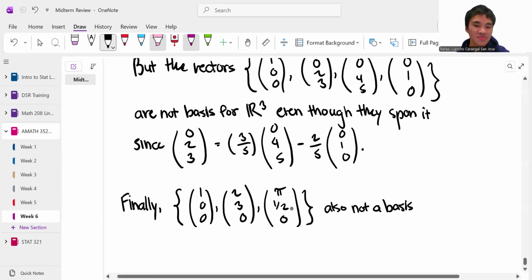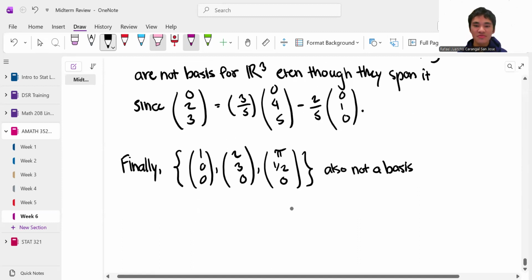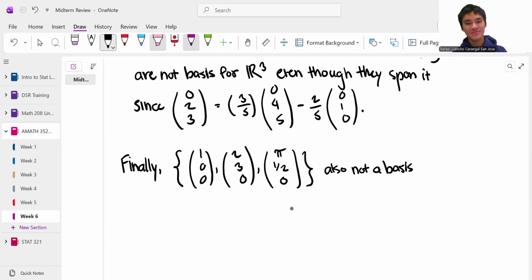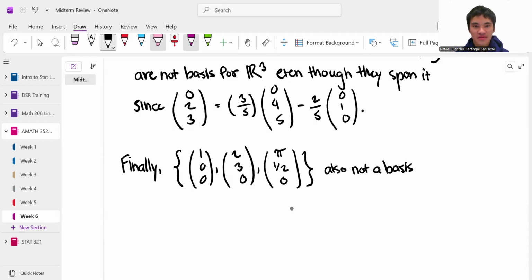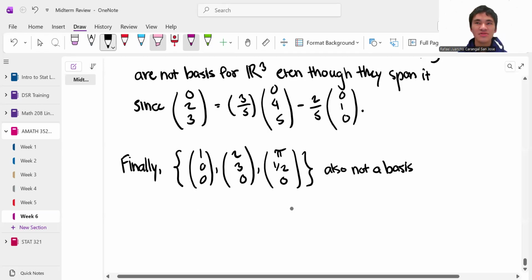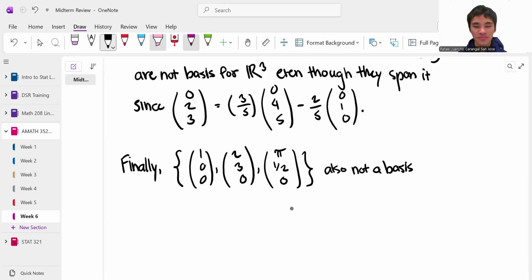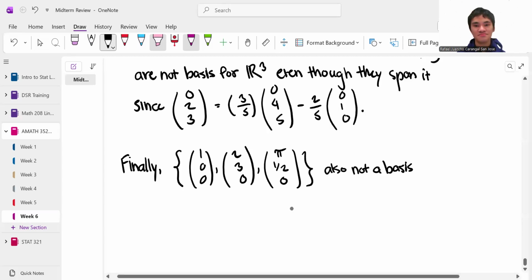Why is it not a basis for R3? Well, this one we can kind of eyeball. There isn't a pivot in the third row if we convert this to a matrix. And if there's no pivot in every row, then that means they don't span R3.